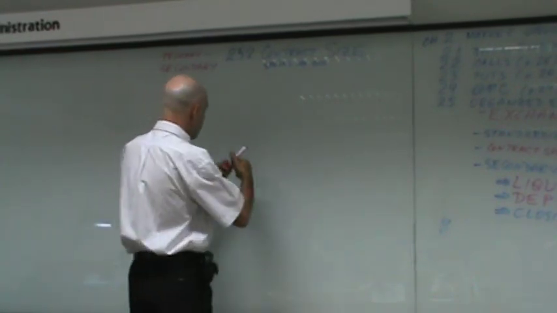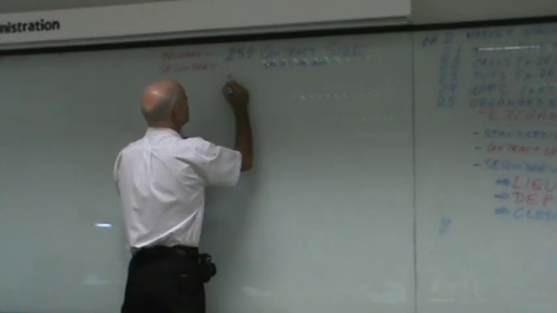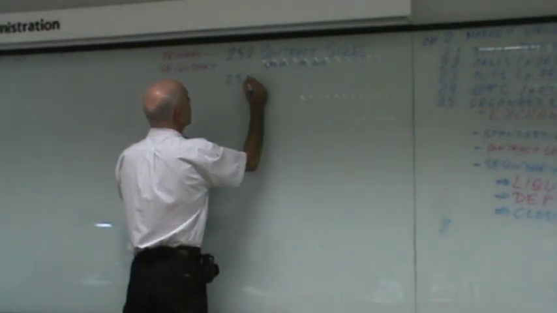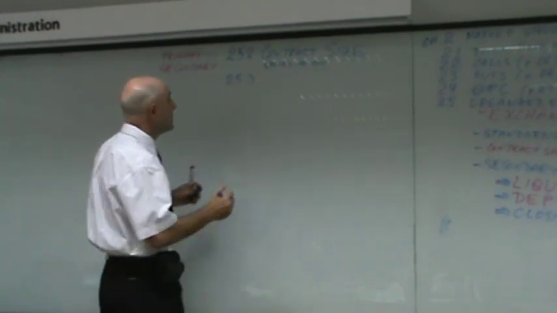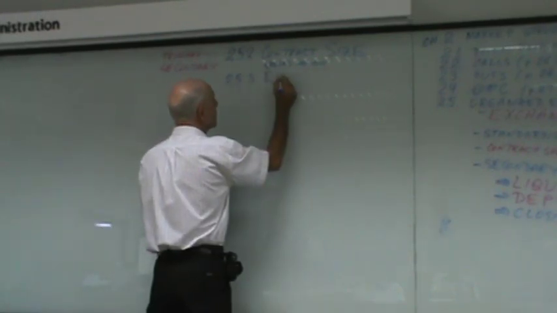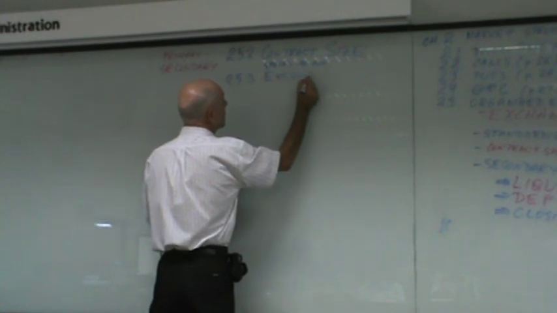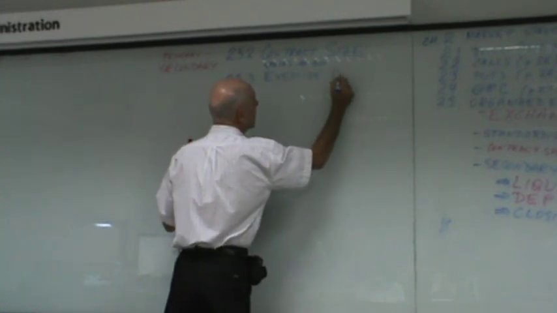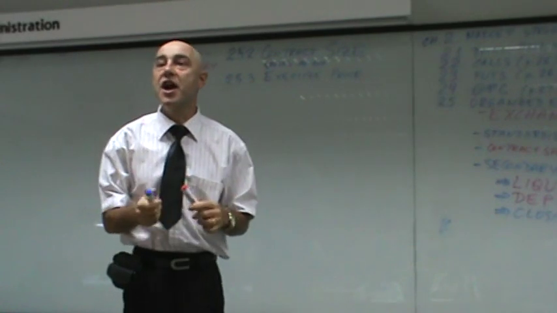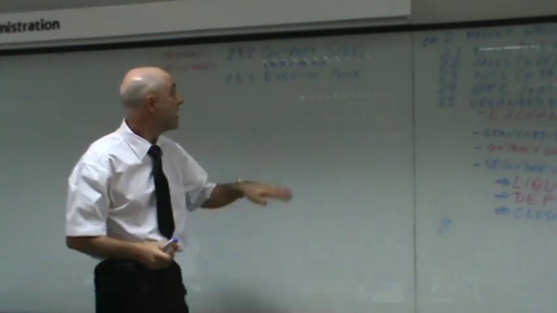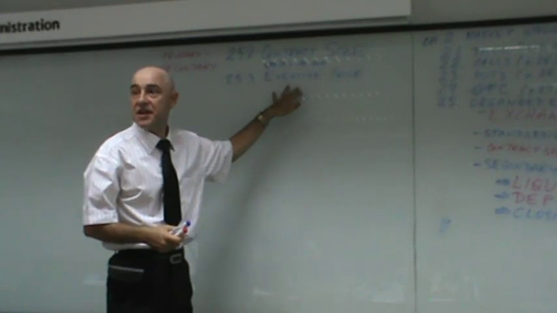Number 3 is exercise price. Every option must have an exercise price.